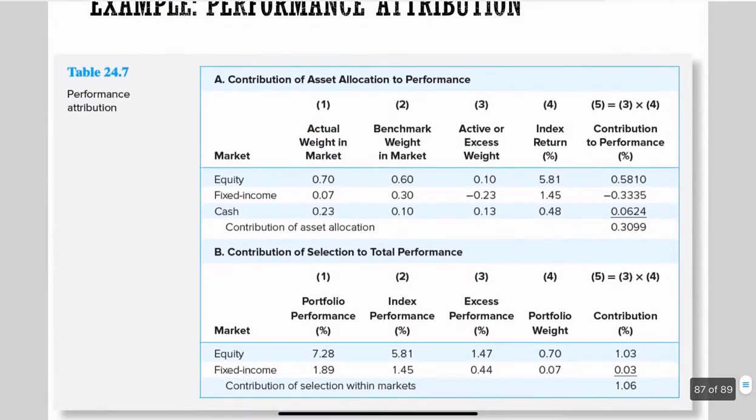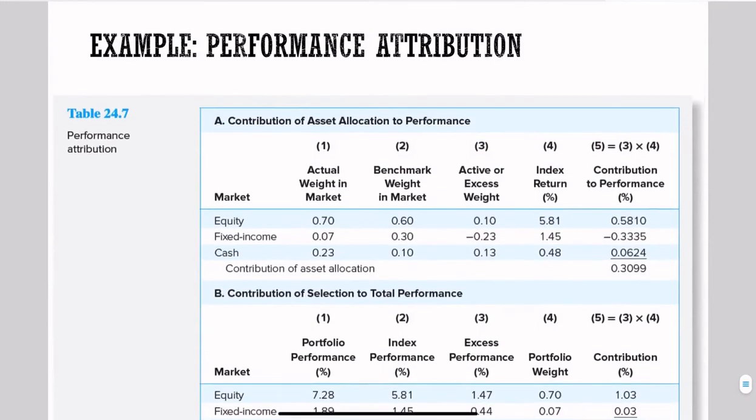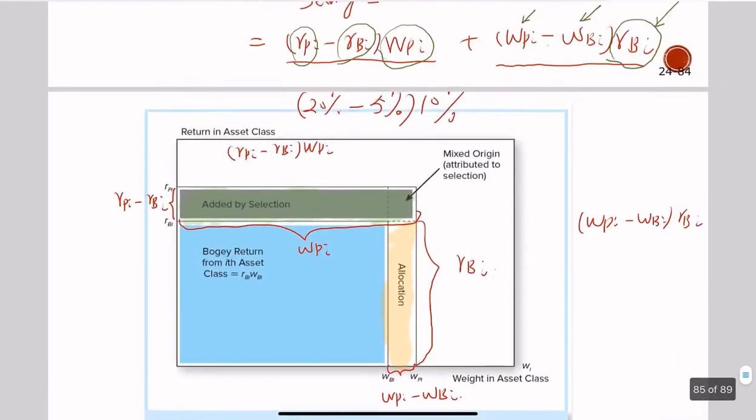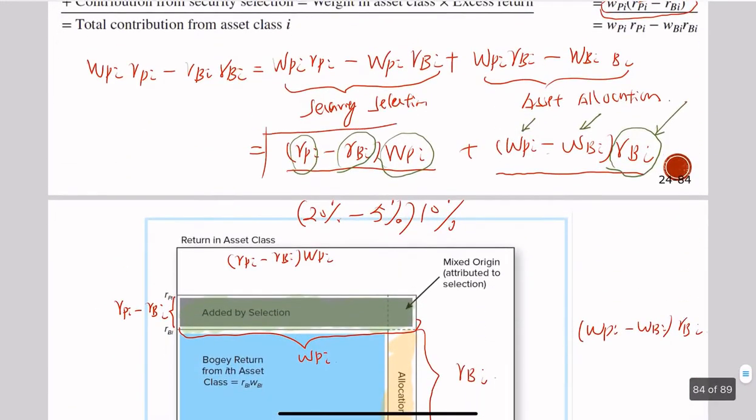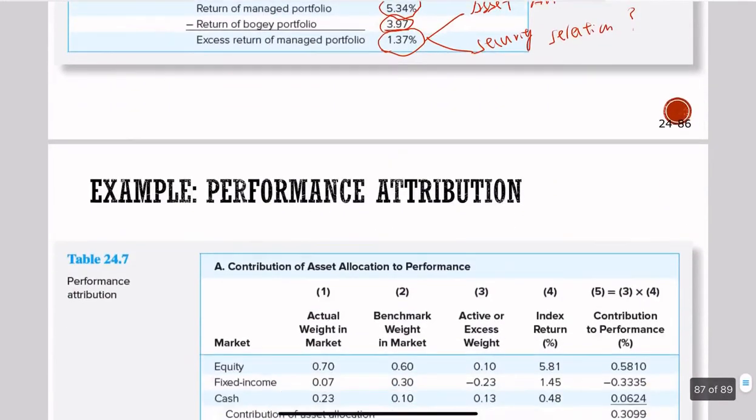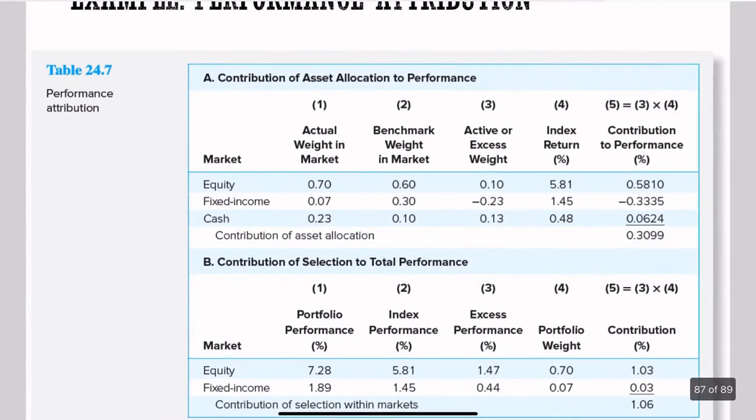Okay, so what we will do is we will try to use this formula here. Right? Okay, so let's see this table. First, we will think about the contribution of asset allocation to P's performance.